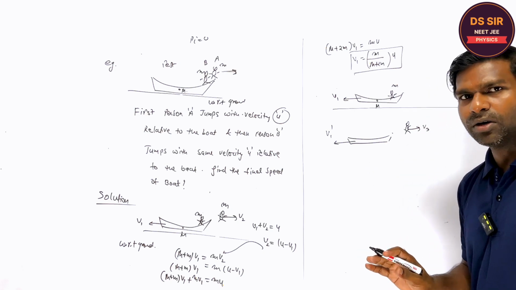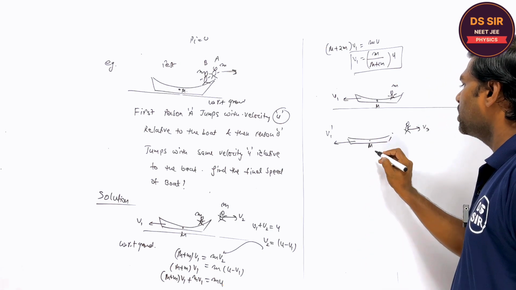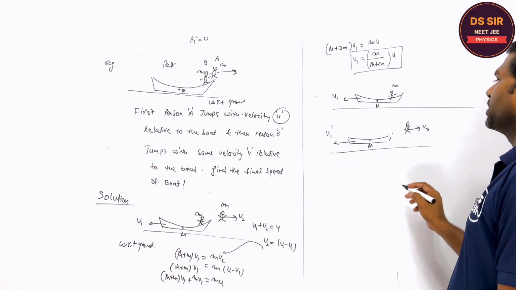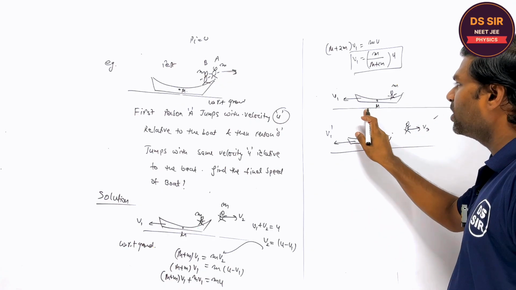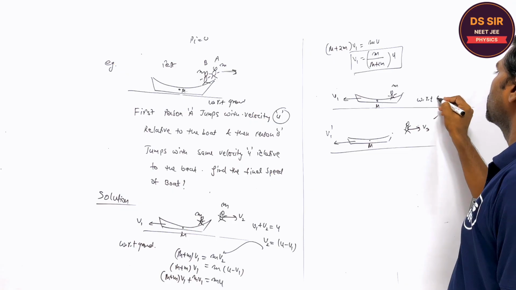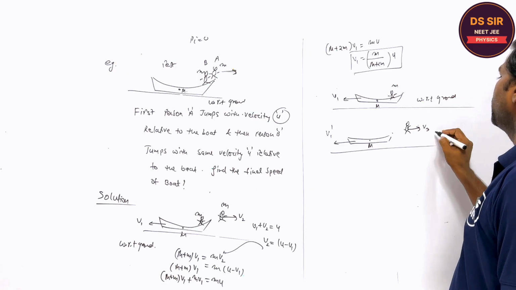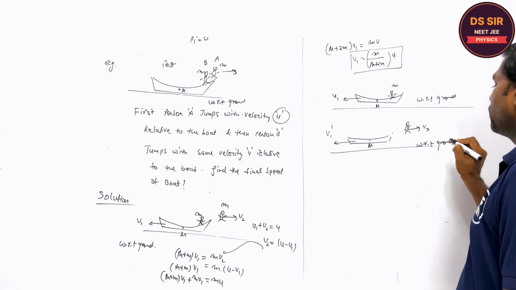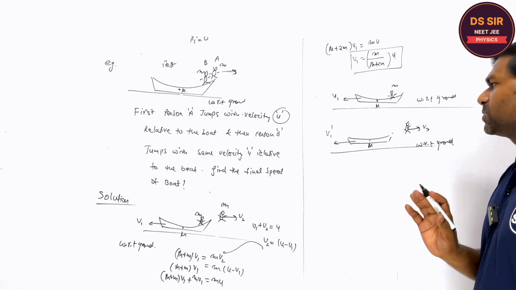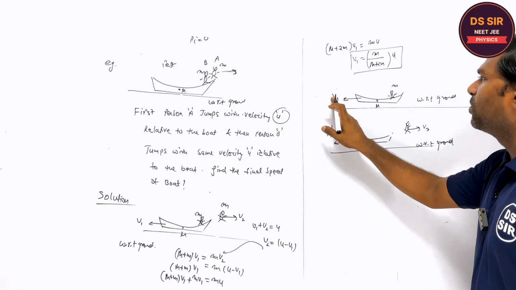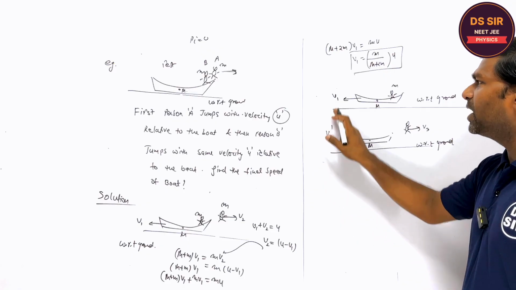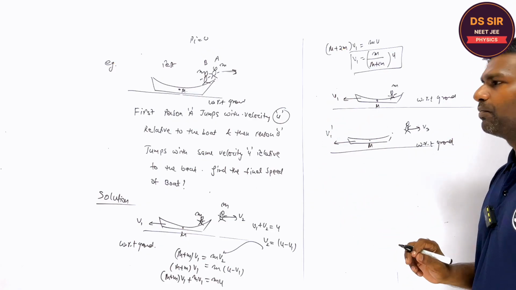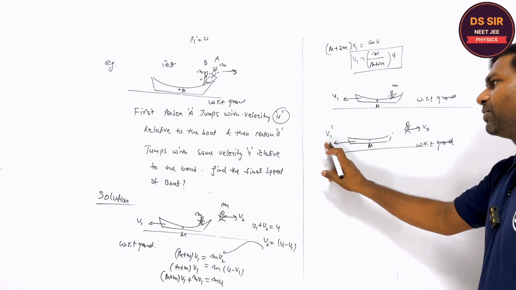So this is the capital M, and v3. This figure is with respect to ground I am making, because I have to conserve the momentum with respect to ground. So you tell me, v1 or v1 dash, which will be greater? v1 dash.